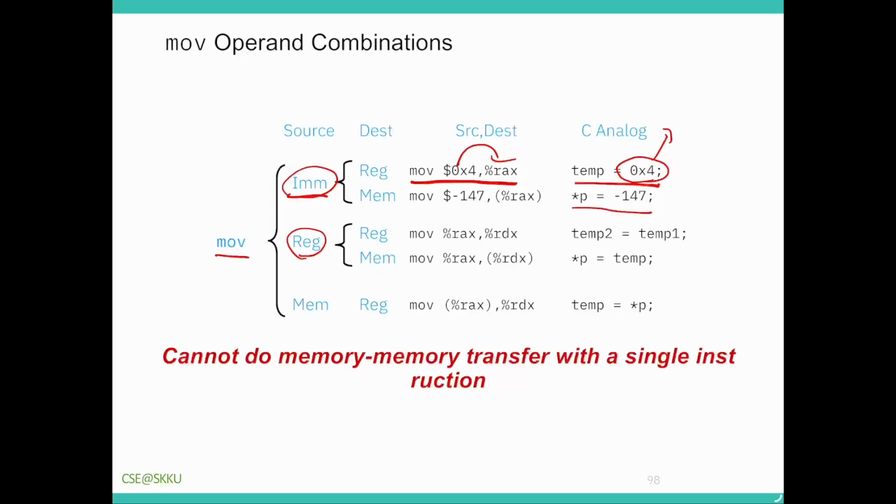Of course, you can do register to register movement, which is similar to assigning one variable to another. And of course, you can deal with memory, as we already saw. You can store certain information into memory, or you can bring the memory back into the register, as you can see in this case, and so on.